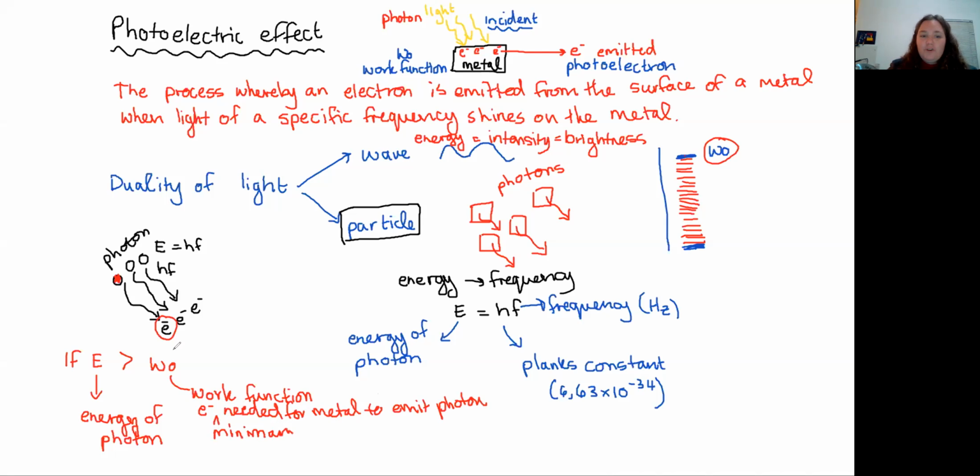If the energy of the photon is bigger than the work function, then what will happen is this electron will shoot off. Because the energy of the photon is more than the work function, you're going to have some extra energy left over, and that energy will be found in the form of kinetic energy. And we refer to it as EK max, because it is the maximum kinetic energy of that photon.